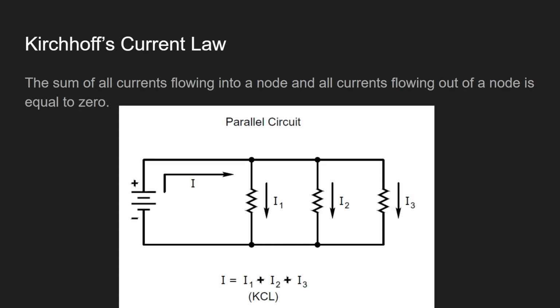Kirchhoff's law. I always don't know how to pronounce this one. Kirchhoff's current law tells you that if you have a parallel circuit like this, all the currents in every branch, when you add them up, equal the original input.